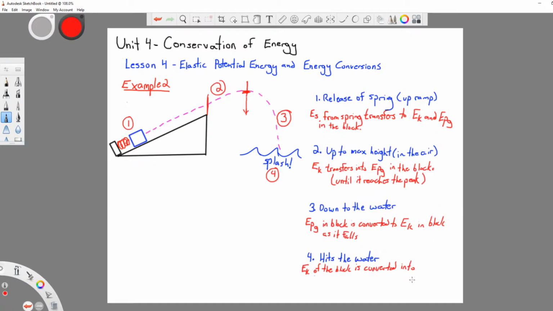You can imagine all the energies that are going to be released as water splashes. So I'll say maybe some sound energy, because it's going to make this splash sound. So sound energy from water or from collision.